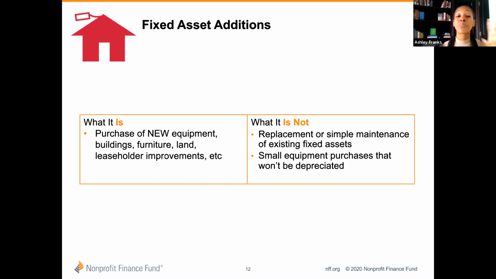We account for that in depreciation, which is under total expenses, if you remember that. We might save for improvement of these assets in a fixed asset reserve, which we just covered. But this slice of the pie is particularly for the addition of new fixed assets. This is also, of course, not for small equipment purchases that are not going to be capitalized, that are not going to be put on the balance sheet.